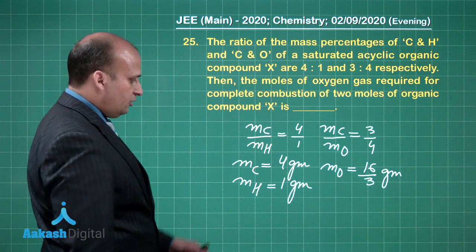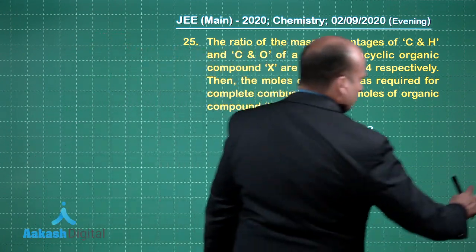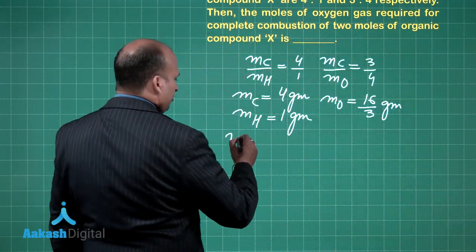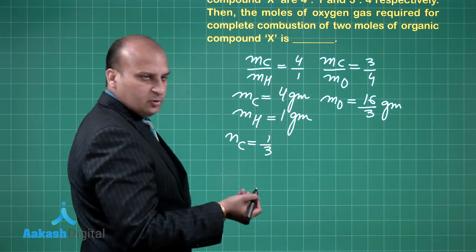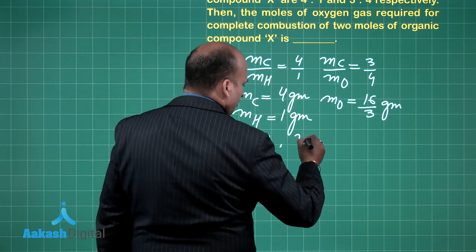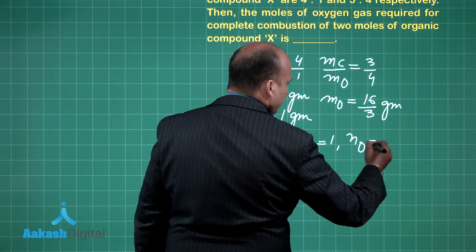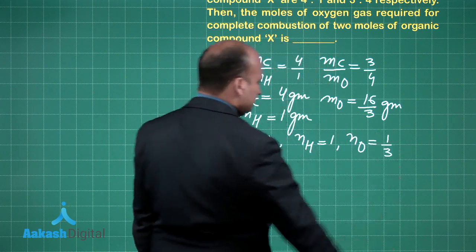Now, I can simply calculate the number of moles from here. So, the number of moles of carbon in this molecule will be 1/3, that is 4 by 12. Number of moles of hydrogen would be 1. Number of moles of oxygen will be 16 by 3 by 16, that is 1 by 3 moles.